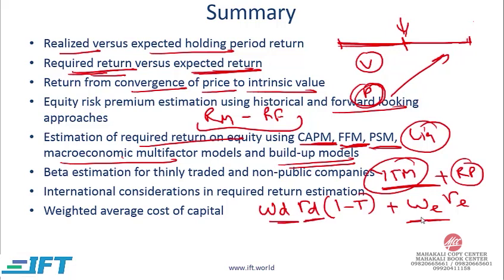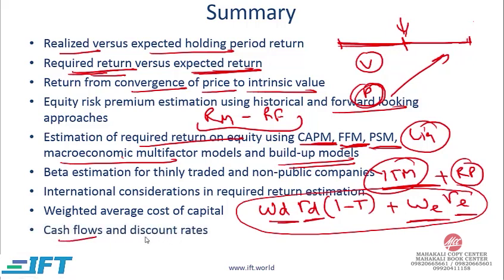Again, weight based on market values, and cost of equity is a marginal cost of equity. The weighted average cost of capital is the overall return or the average return demanded by the providers of capital. And this is the discount rate we use with free cash flow to firm.